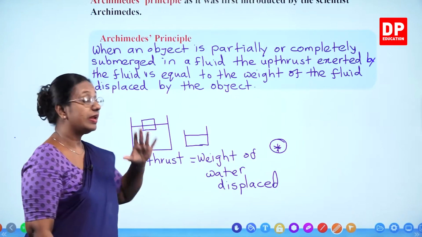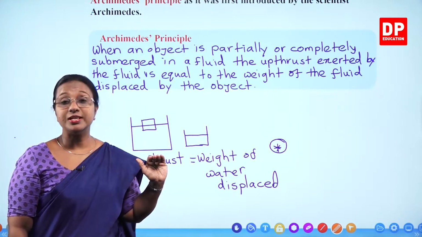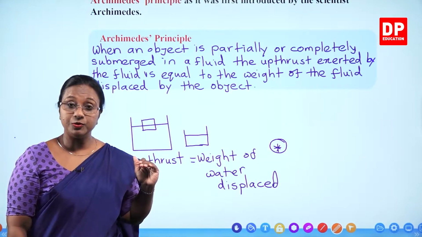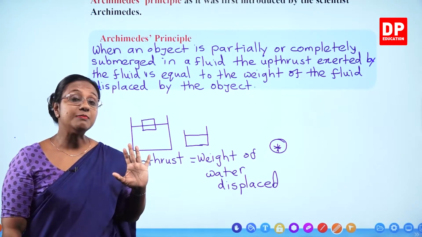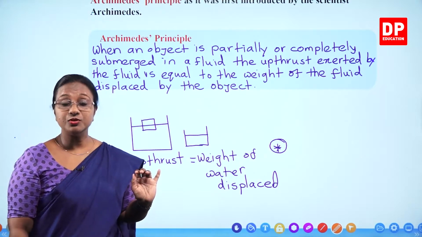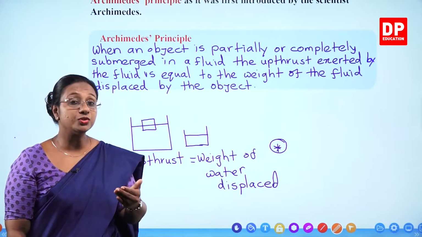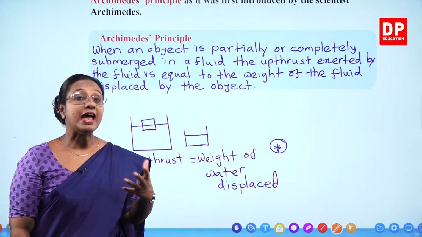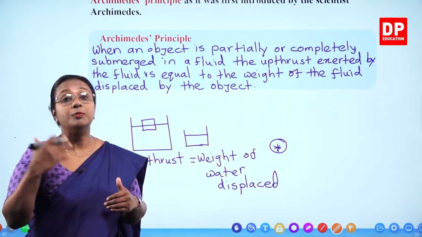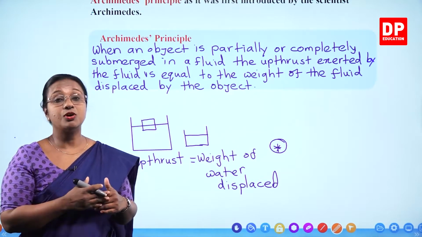Now we saw when the object was half immersed, the upthrust was 0.3 Newton. The weight of water displaced was 0.3 Newton. But when it was fully immersed, what happened? The upthrust became 0.6 Newton and the weight of the water displaced was also 0.6 Newton. At the same time, you were able to see that there was more water, more volume of water that was displaced. That is why the weight is also more.